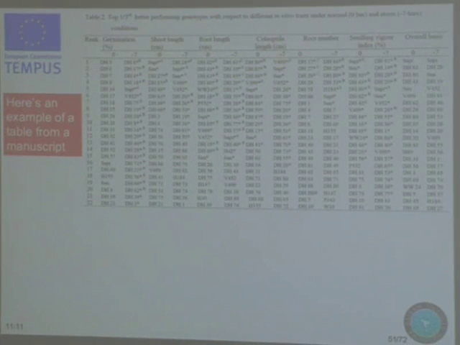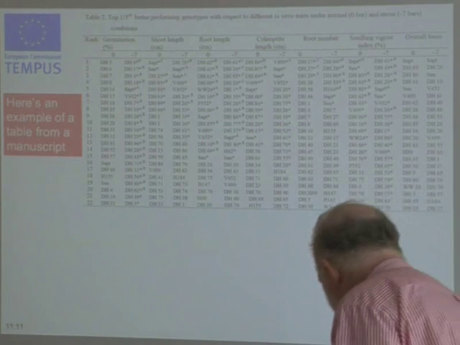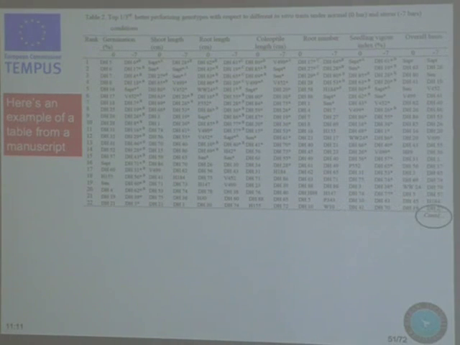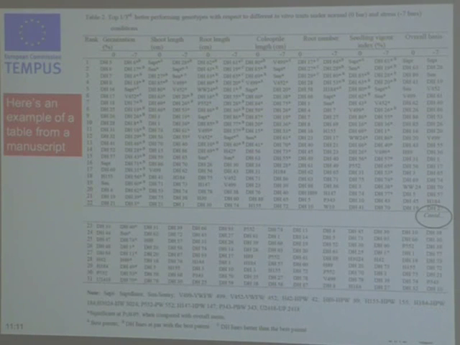Now, here's an example of a table that came from a manuscript. Right? Yes? It gets better. Continued. They couldn't fit it all onto 1 page.